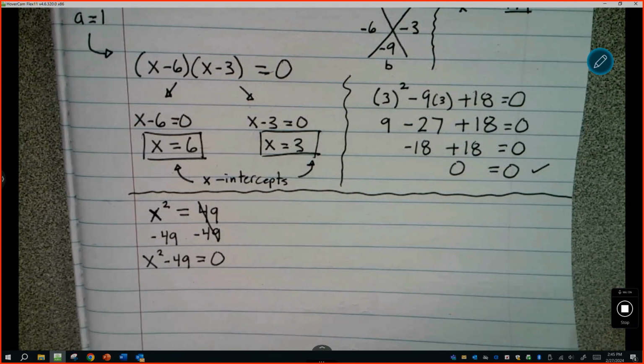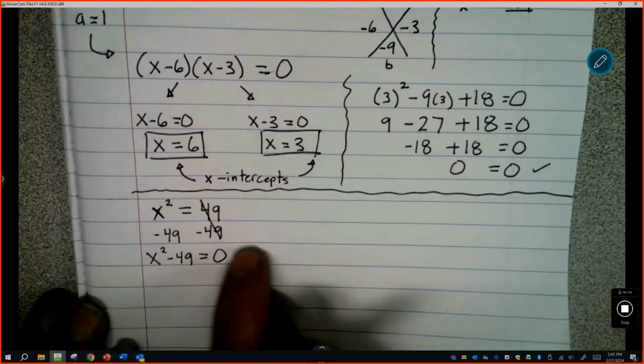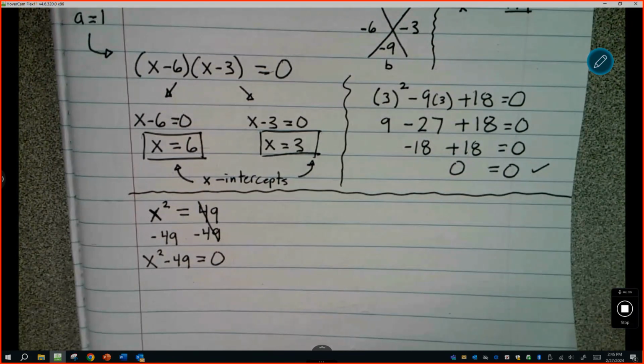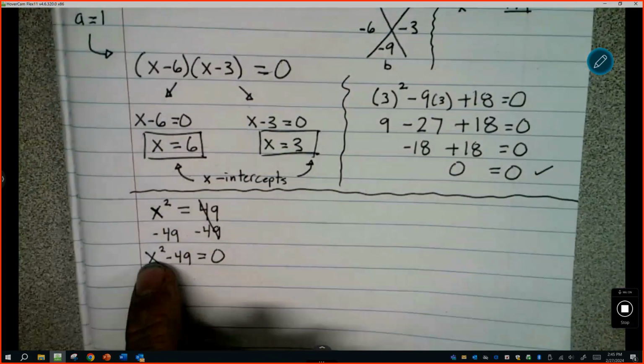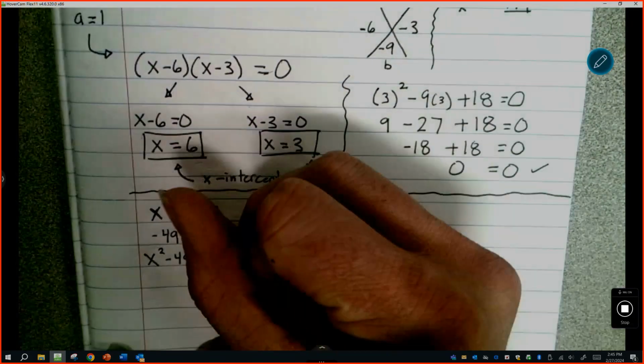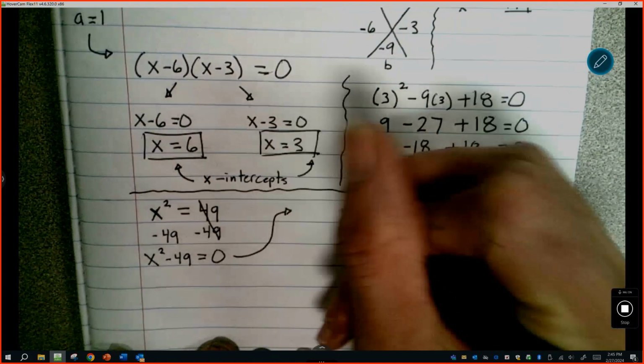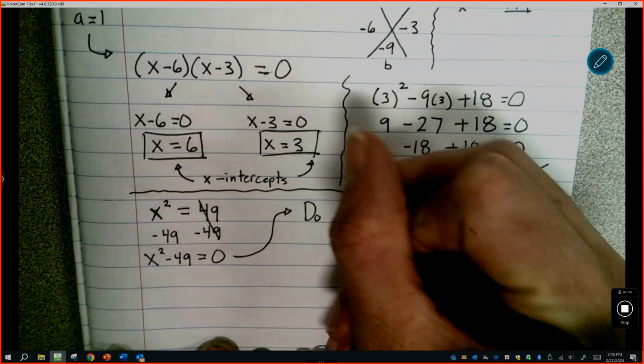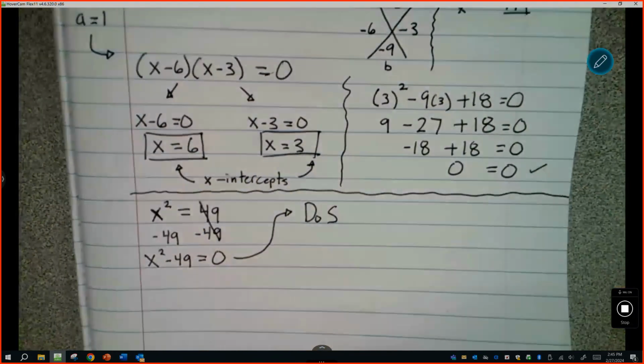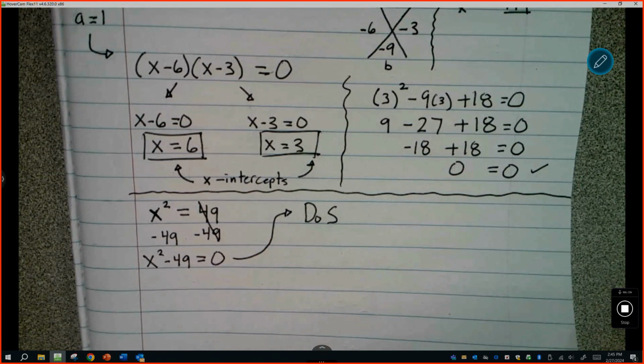So this is now an equation that's ready to solve by factoring. We need to think, what kind of quadratic do I have? Does anybody remember what we could call this where there's two terms? It's a difference of squares, exactly. You see two terms subtracting with each other, and one is a squared term.